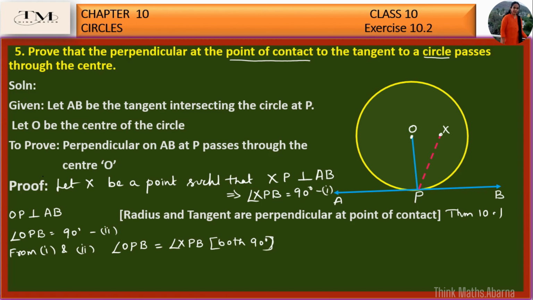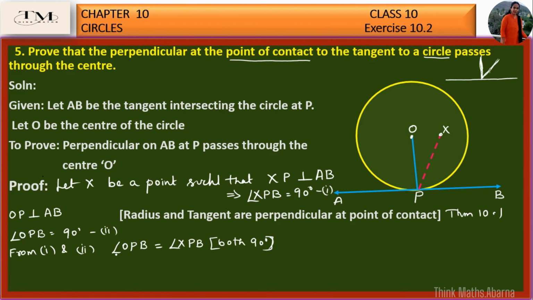We all know that if we draw a horizontal line and then a line at 90 degrees, it will be vertical. If there is a line in a slanted way, this will not make 90 degrees. So only the vertical line will make 90 degrees.